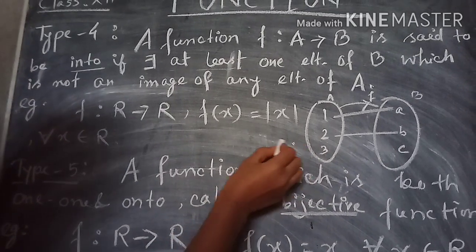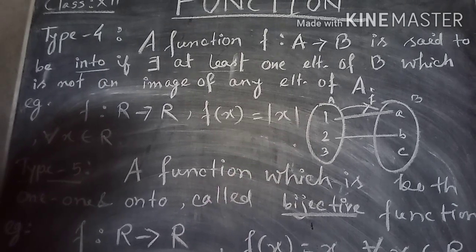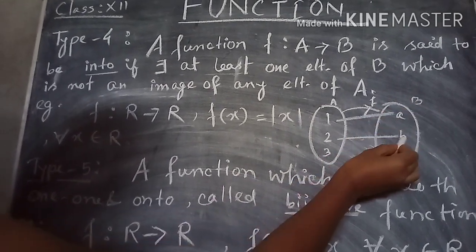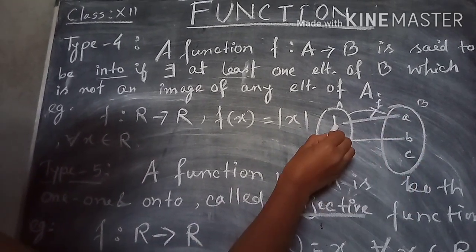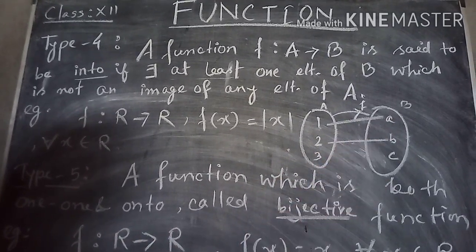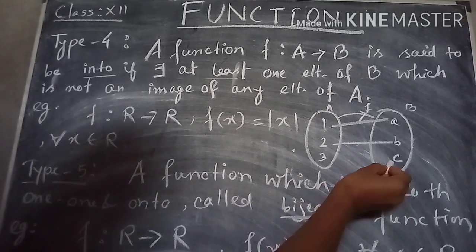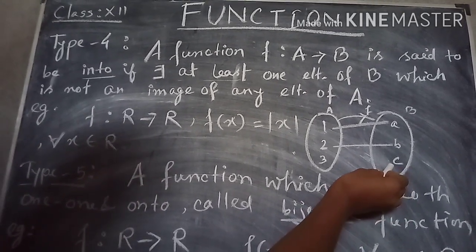So here it is. Let us take two sets A and B. A contains the elements 1, 2 and 3 and B contains a, b and c. Now 1 is related to a, 2 is related to b, and in the set B, we can see here the element c is unrelated.